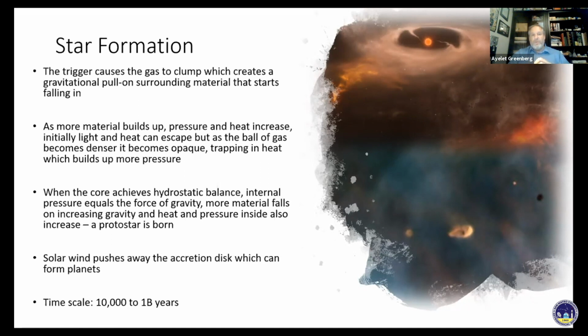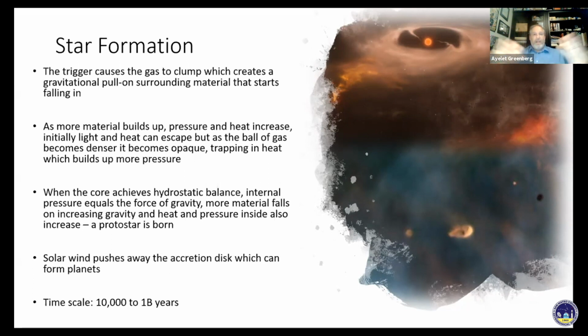It can take as long as 250,000 years, depending on the amount of mass that we're dealing with. And as the material starts building up, it's starting to condense under gravity. It's starting to build up pressure with friction. Now we're starting to build up heat. And as heat starts building up, when gas gets hot enough, it starts to glow.